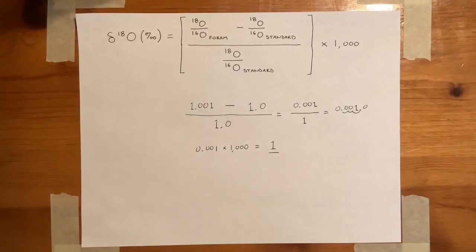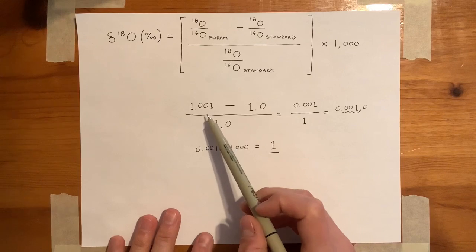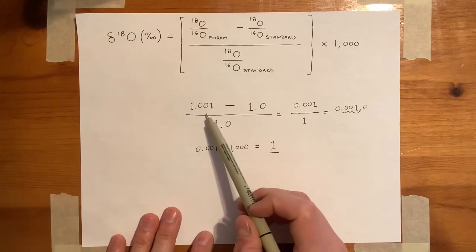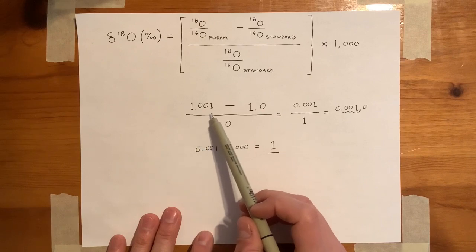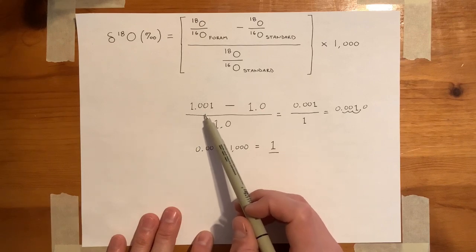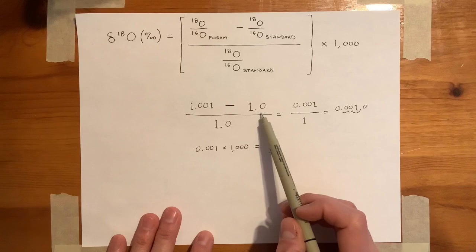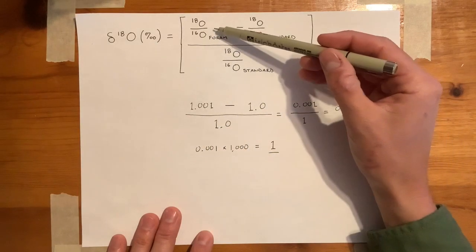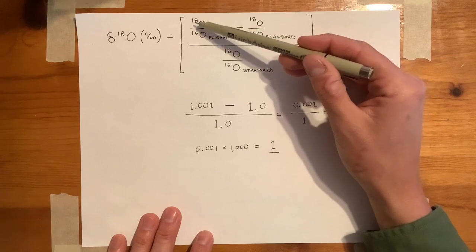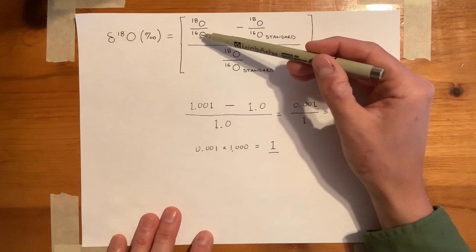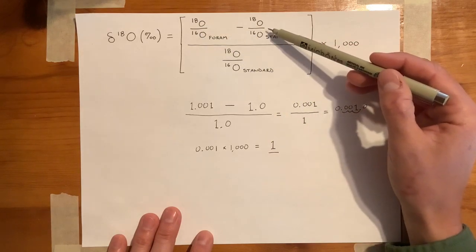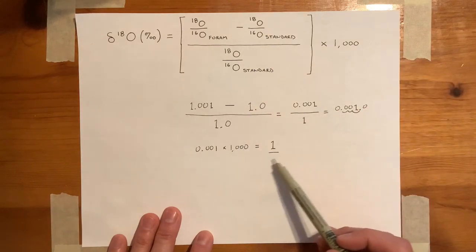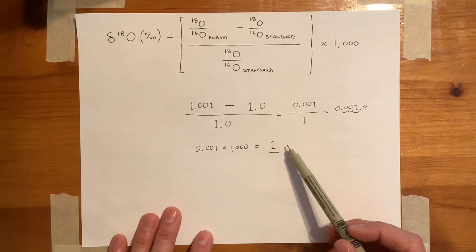In this example, the oxygen isotope composition of our sample was 1.001, 1/1000th greater than that of our standard. So our foram has more oxygen 18 compared to 16 than our standard does, and that results in a positive delta 18O value of 1.